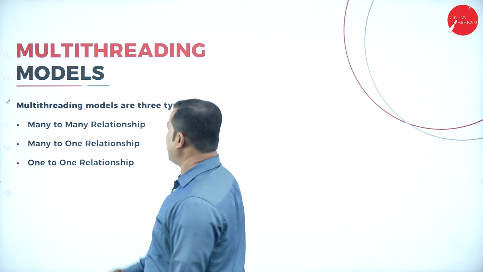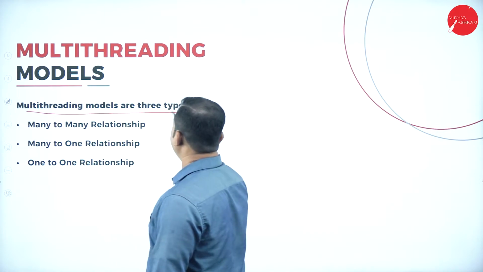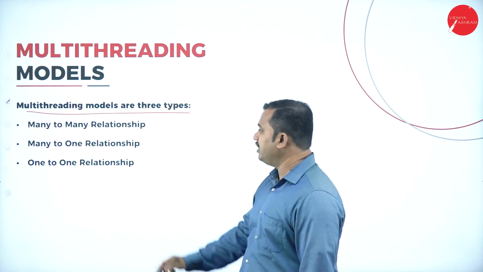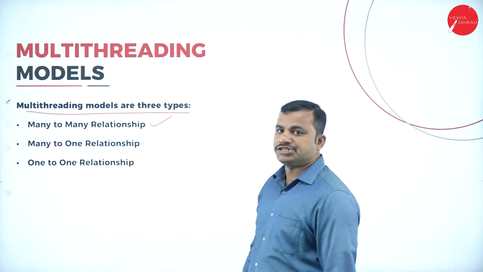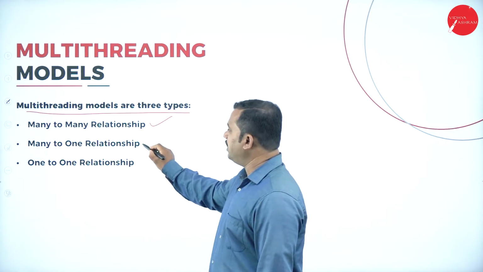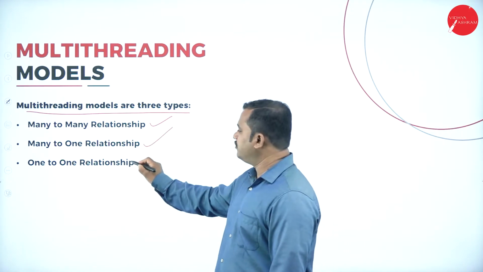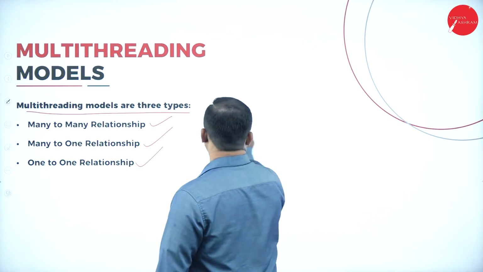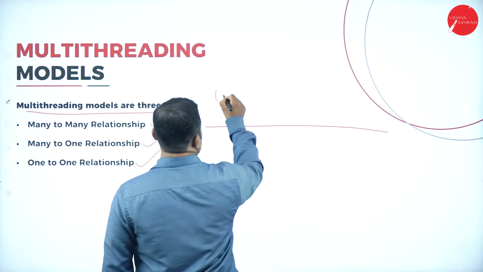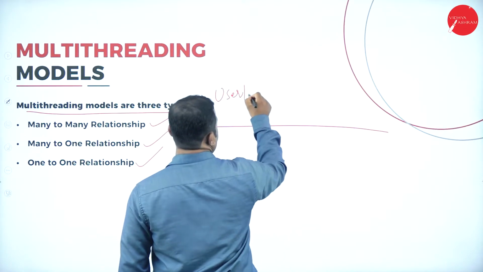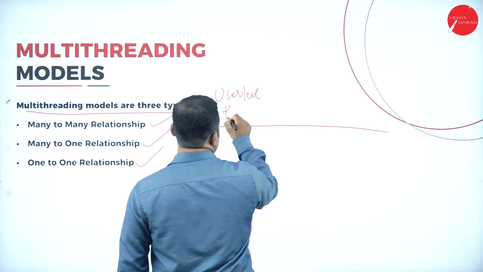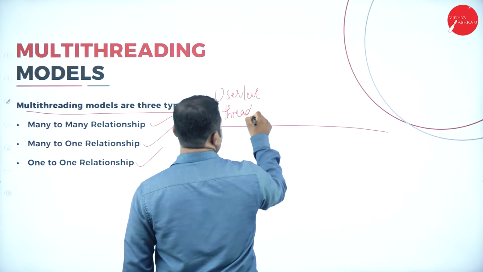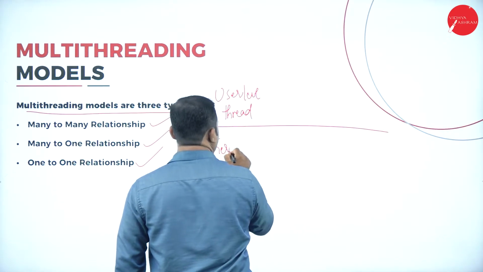If that is the case, we have three types of multi-threading models. The very first one is many-to-many relationship model. Second one is many-to-one relationship model. Third one is one-to-one relationship model. What does this mean? Suppose there is a channel like user level thread and this is a kernel level thread.